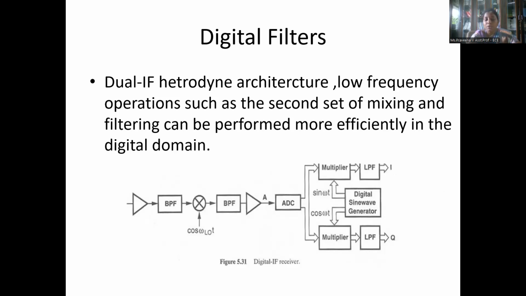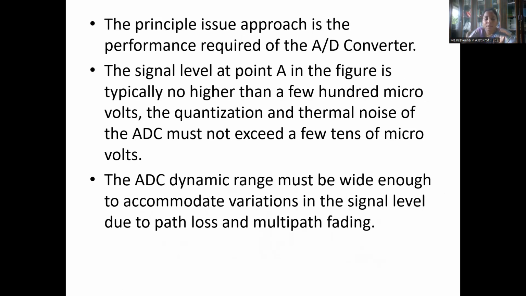The cos omega t produces the in-phase, that is the I component, and sin omega t produces the Q component. Okay, right? So the low pass filter. The low pass filter removes the high frequencies and allows the low frequencies to pass through. That is the main principle, and it is explained briefly here.